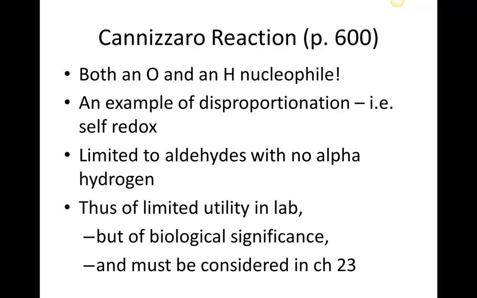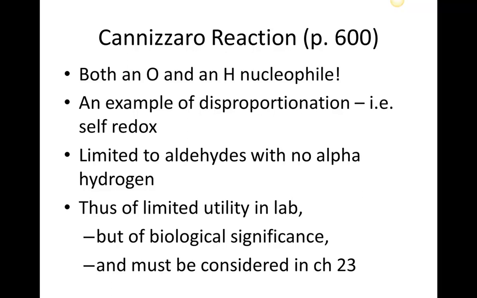And this is only going to work for aldehydes, and these aldehydes can have no alpha hydrogen. Earlier in the material, the earlier section of the material that I did on this chapter, we talked about position names in these molecules by Greek letters.